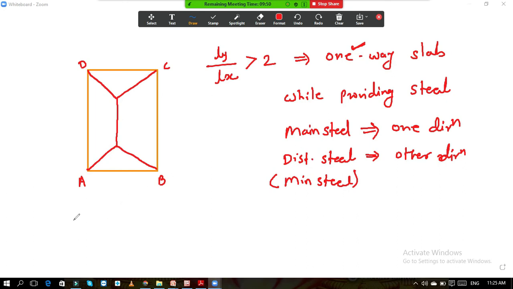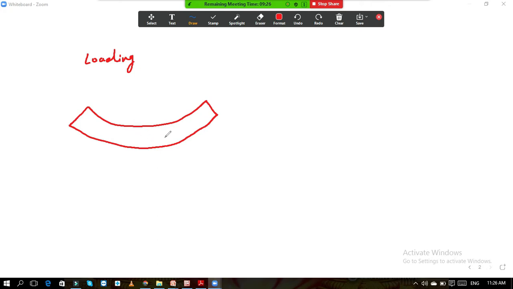So what is main steel? Suppose a slab is there. Due to the loading, what will happen? The slab will bend. Some bending moment is generated in the slab. This is the bending of the slab.